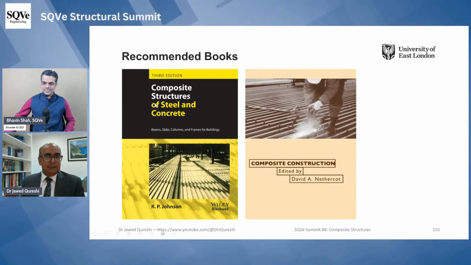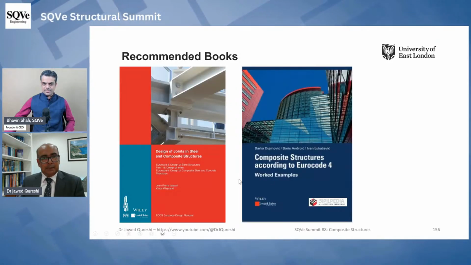And he was involved in writing Eurocode 4 as well. So this book is really very useful. Use this as a reference. It's got generalized concepts as well. We have another book about joints of composite structures, so you can use this book for composite structures. If you're looking for examples, then this book is useful as well.